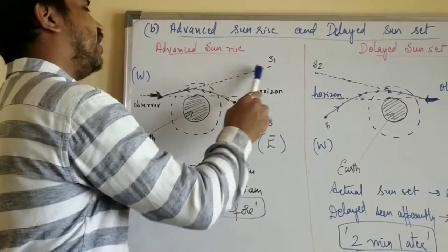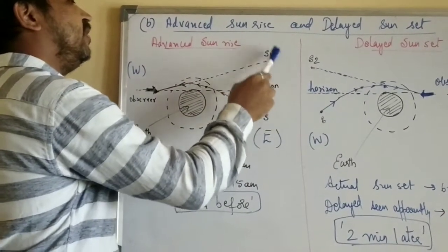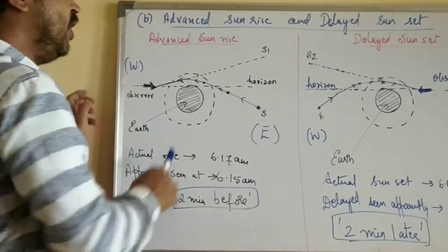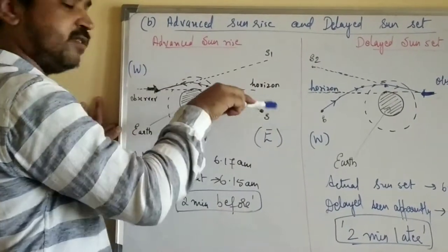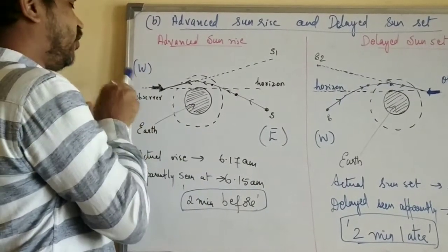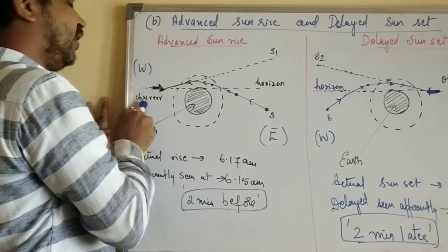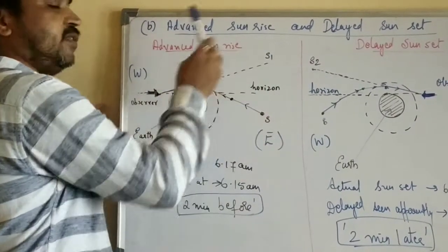So it goes as a straight line backwards, and there you can see the apparently seen sun to be above the horizon. So the sun is actually at this position, and 2 minutes before itself, the observer from the west direction, who is sitting near the horizon, is able to see the sun at this position towards the east.